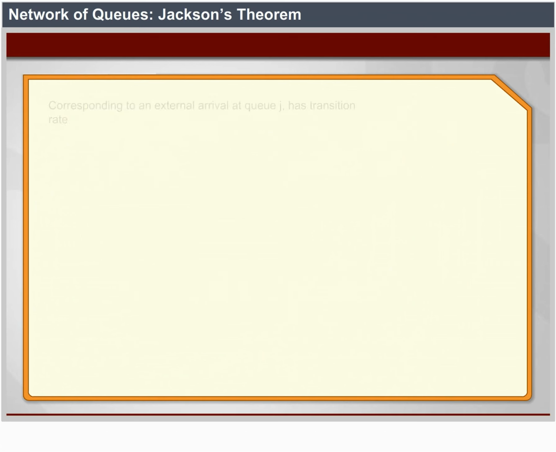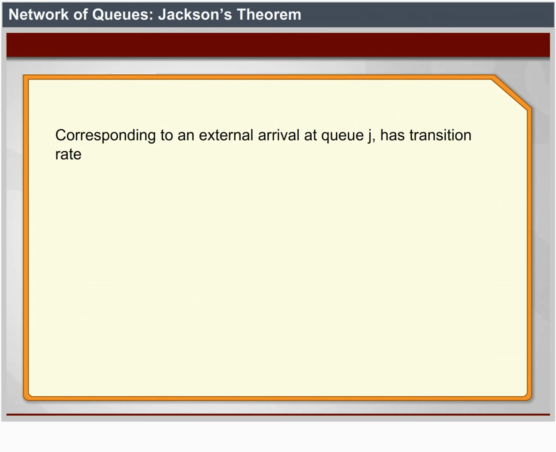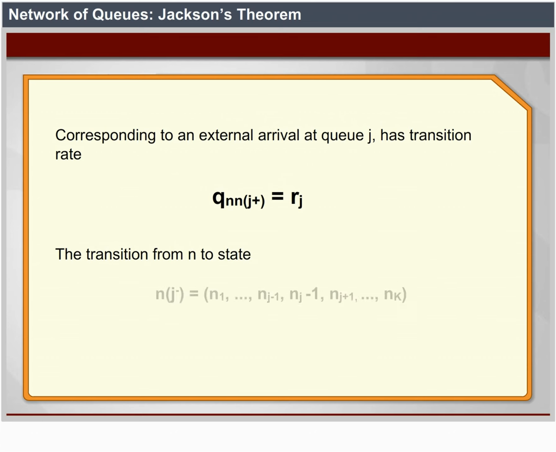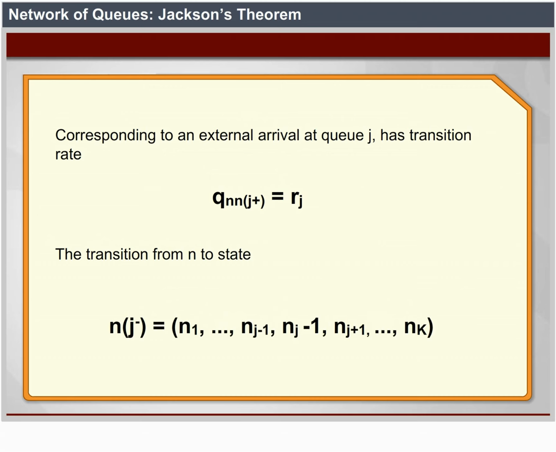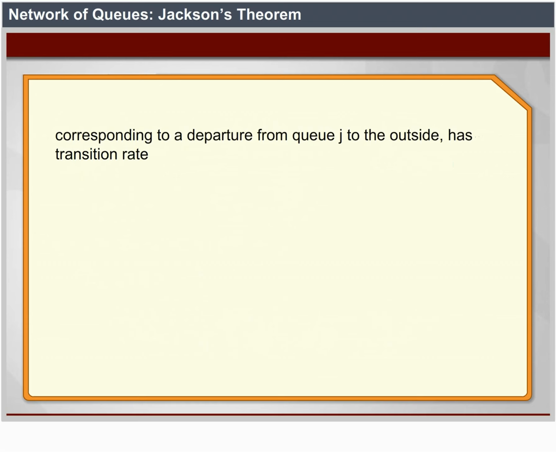corresponding to an external arrival at Q_j, has the transition rate q(n, n_j plus) equal to r_j. The transition from n to state n_j minus, equal to n_1 to n_j minus 1, n_j minus 1, n_j plus 1 to n_k, corresponding to a departure from Q_j to the outside, has transition rate q(n, n_j minus) equal to mu_j times 1 minus the sum over i of P_ji.